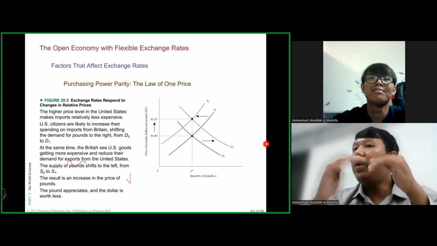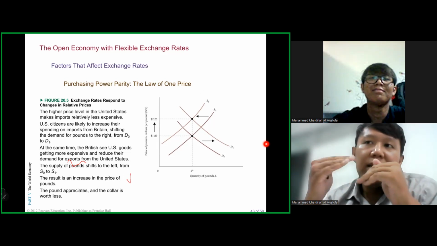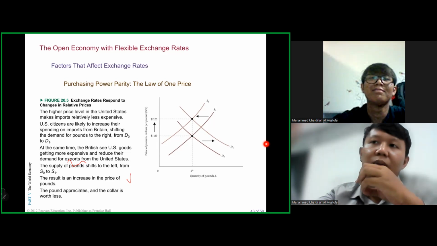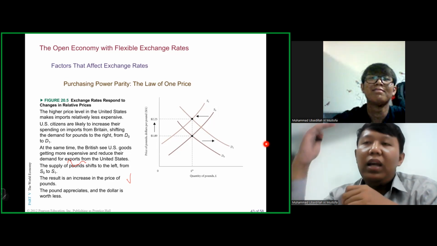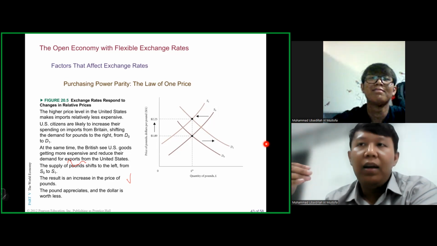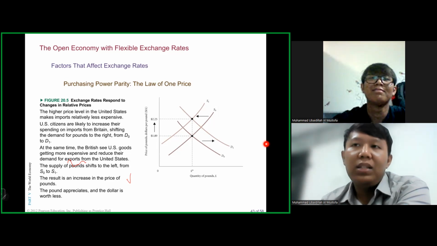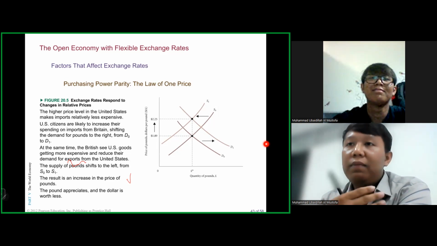So when our local products become more expensive, the British want fewer imports. They are not willing to buy our local products, the US products, because they are more expensive.